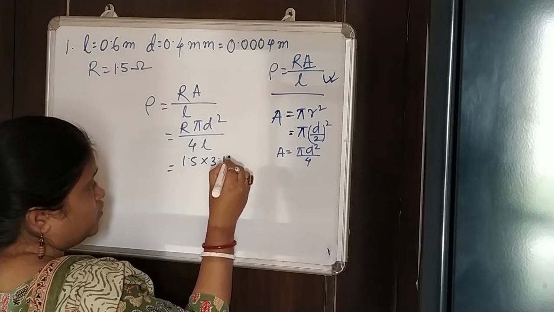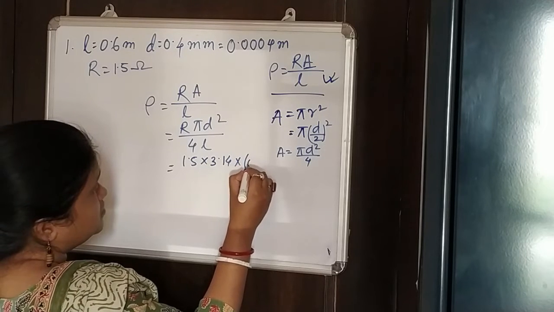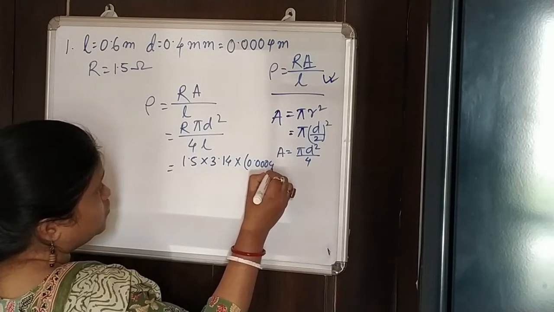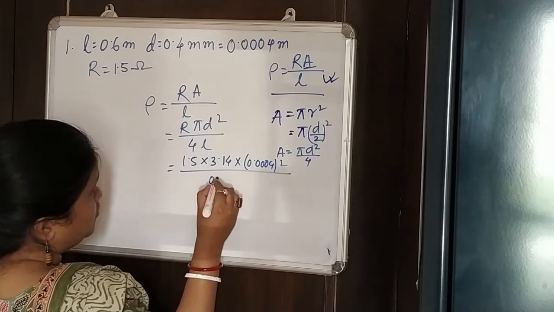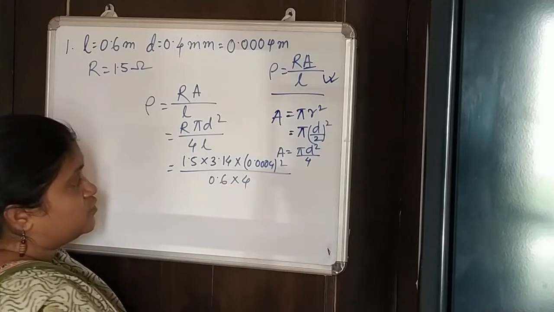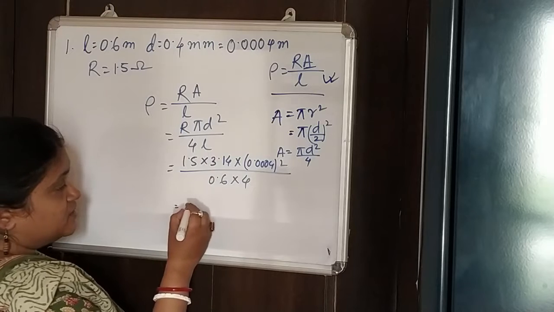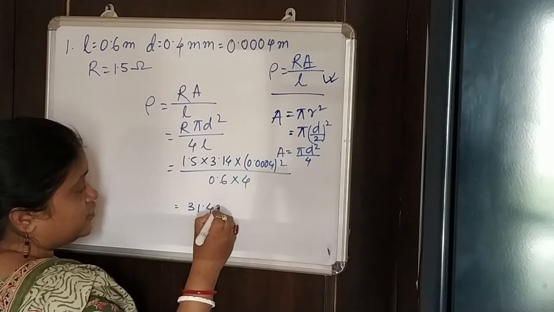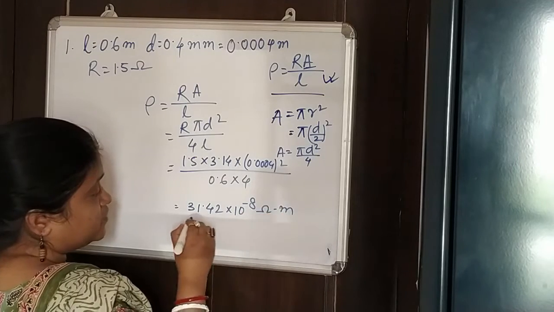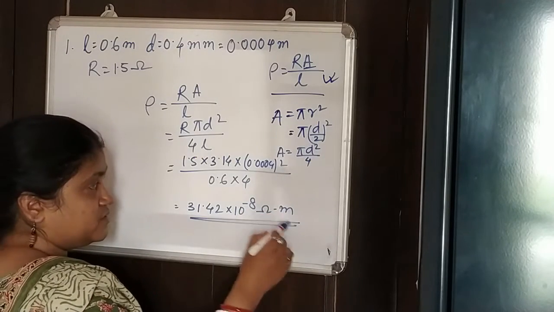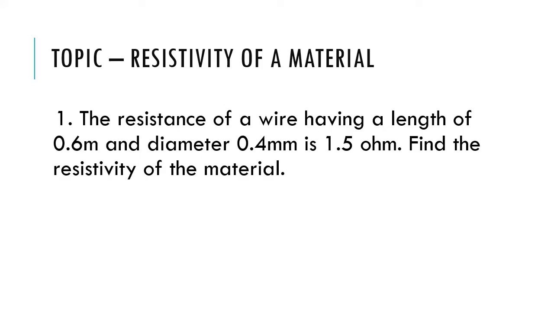Pi is 3.14, d square is 0.0004 whole square, divided by length 0.6 into 4. Once we plug in and calculate, my final answer becomes 31.42 into 10 power minus 8 ohm meter. So I will request you to calculate this and get the final answer.